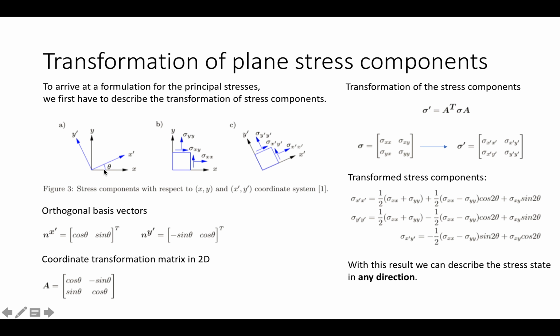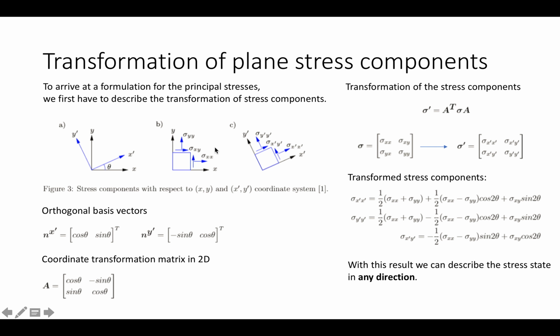We consider an x, y coordinate system, and then a new coordinate system x prime, y prime, which is rotated at an angle theta. On the right, it shows the stress components associated with these two coordinate systems. We've done a rotation, but it still describes the same stress state, just rotated.